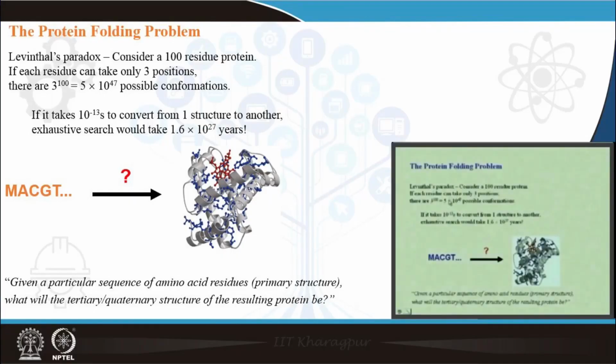Now, the protein folds into one single structure. As I showed you on the first day itself when we looked at ribonuclease A, that's the only structure it folds into.